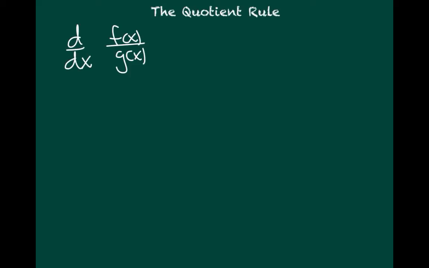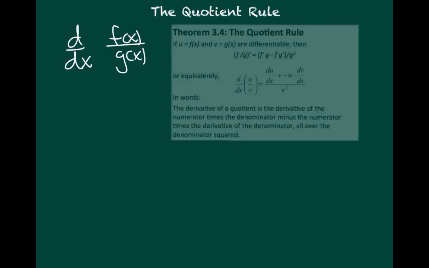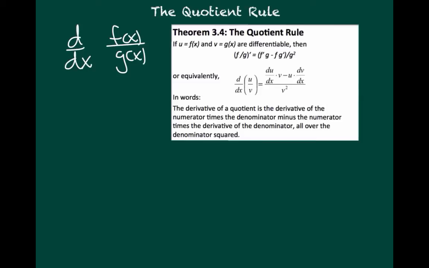And so the rule is this. It's a little more threatening than the product rule. But let's let u equal f of x and v equal g of x. And so f divided by g prime would equal the derivative of the first times the second minus the first times the derivative of the second, but this time we divide by g squared.